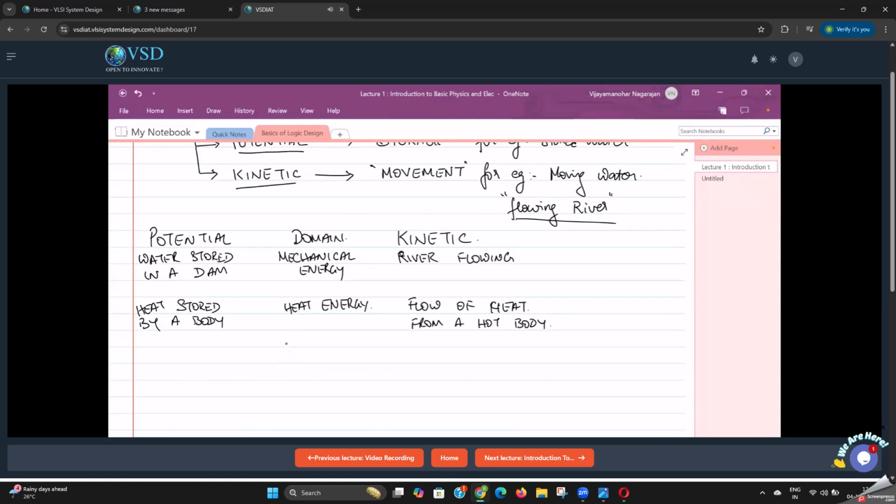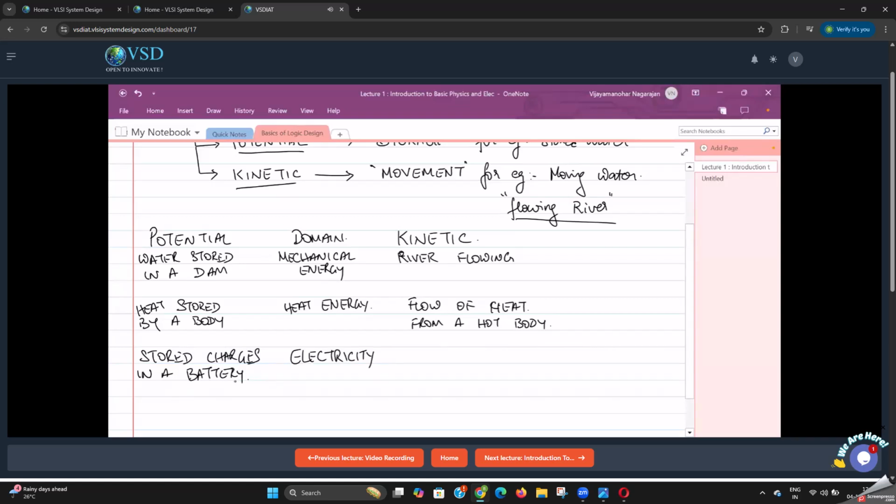If I look at the domain called electricity, how do I store charges? Charges in a battery. We charge our battery.